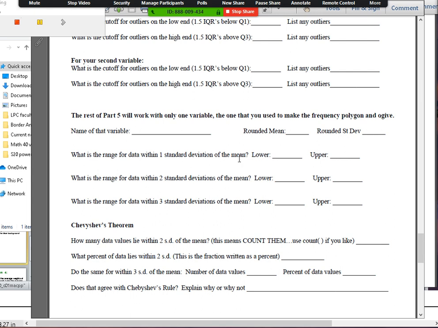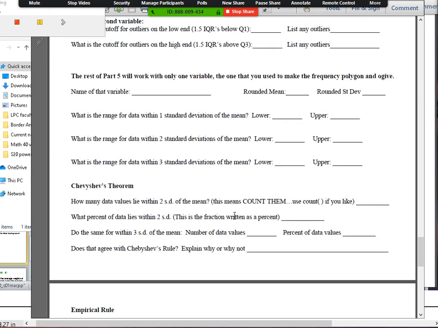And then you're going to fill out these pages too. So you need to figure out what is within one standard deviation. So write in your lower and upper bounds for 1 and 2 and 3 standard deviations, right? So you have your mean, you're going to subtract a standard deviation, put it here, add a standard deviation, put it there. And then you need to figure out how many of your data values lie within 2 standard deviations.